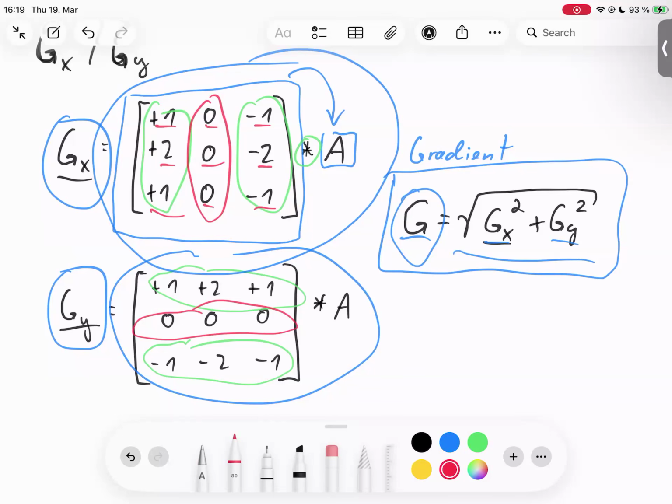But I don't need my actual pixel value and I don't need the pixel above and below. And it's the same concept for the Gy. So I hope this answered the other private message I got here.